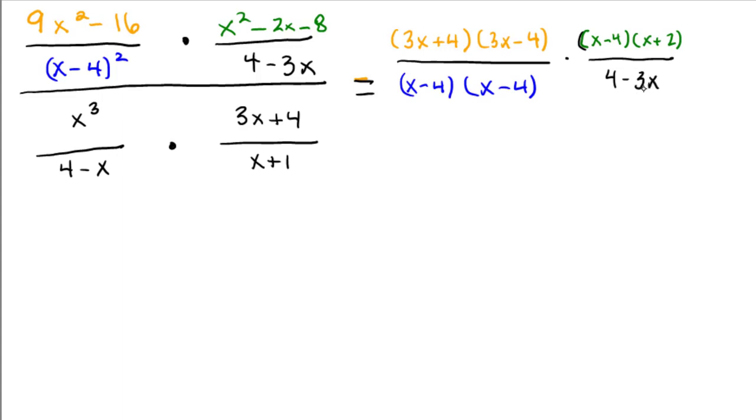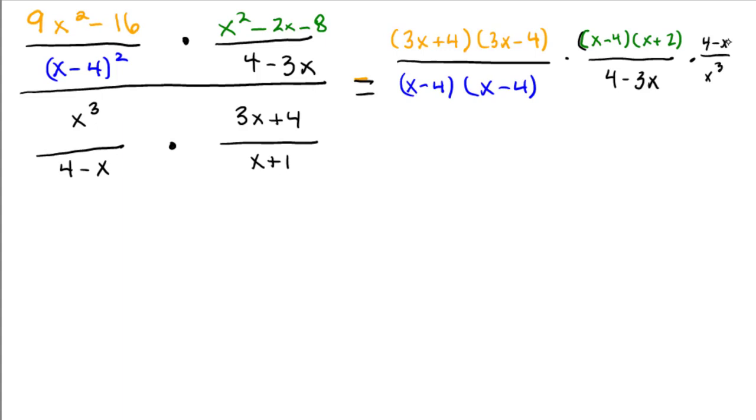Now in the denominator we have a couple of fractions, but when we divide by a fraction we're of course multiplying by the reciprocal. So in the next stage I'm going to have multiplied by 4 minus x over x cubed, the reciprocal of that fraction in the denominator.